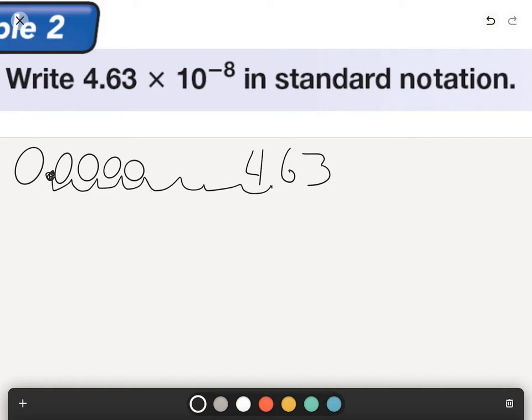Mr. Petrie? If it works here, then why didn't it work with the 3 in the previous problem? Because you can think of that as this. So let's keep focused on what we're doing here.